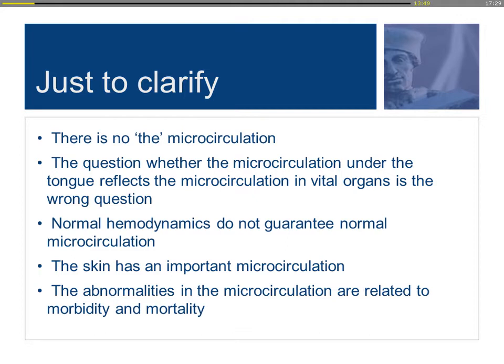In addition to the microcirculation under the tongue, another very easily accessible microcirculation, for instance in the skin, is also a very important indicator that something is wrong. And I think abnormalities in the microcirculation, wherever you measure them, have been shown to be related to morbidity and mortality.